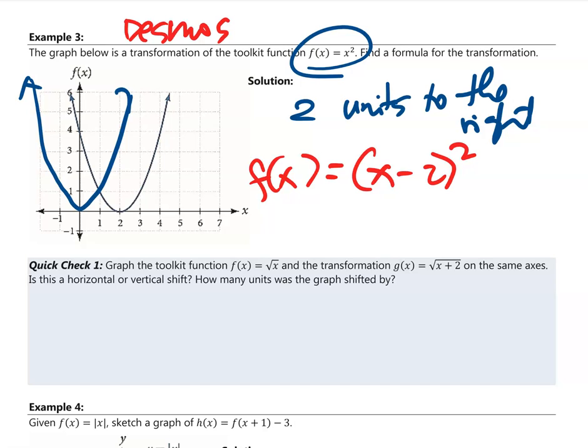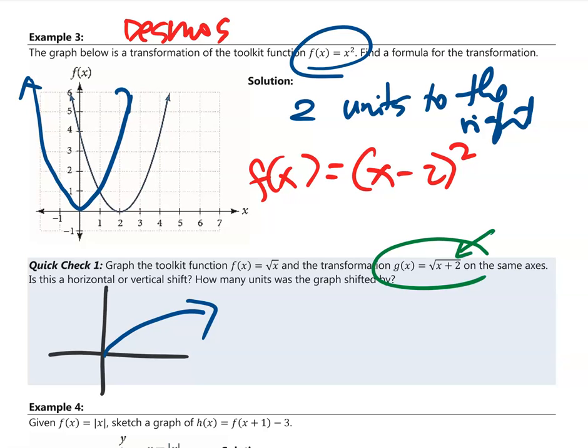Quick check number 1. Graph the toolkit function f of x equal to square root of x. When we graph this, the square root of x is like this. And the transformation g of x equal to square root of x plus 2. X plus 2 means 2 to the left.